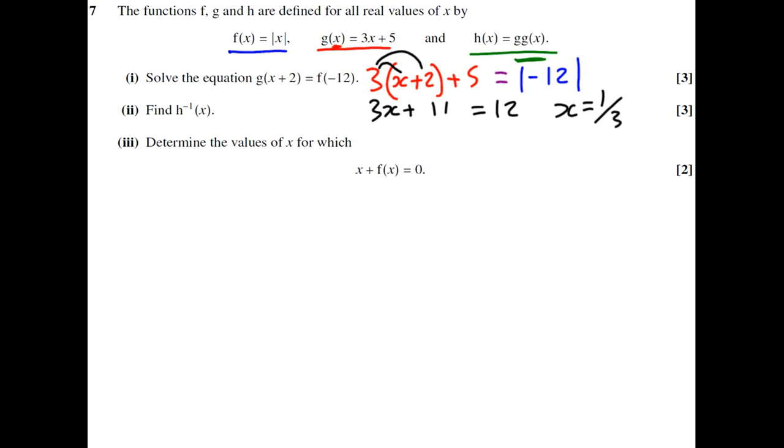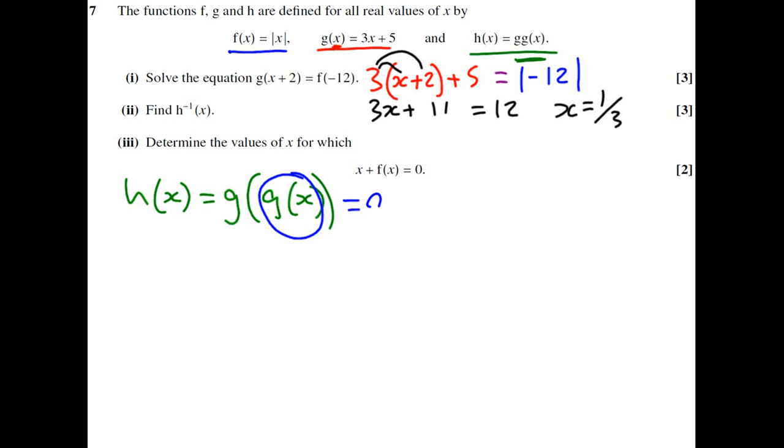First one done. Find h to the minus 1 of x, which is the inverse of h. Before we can find the inverse of h, we want to know what h is. Now, you should really write this as g of g of x, but maths likes to make things a bit more condensed when we write it. So we're getting our answer for g of x and putting it inside g of x.